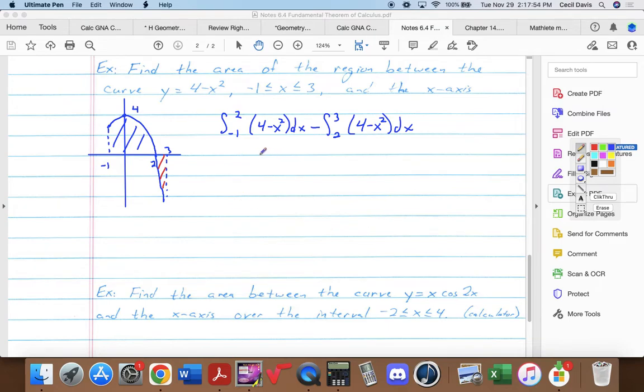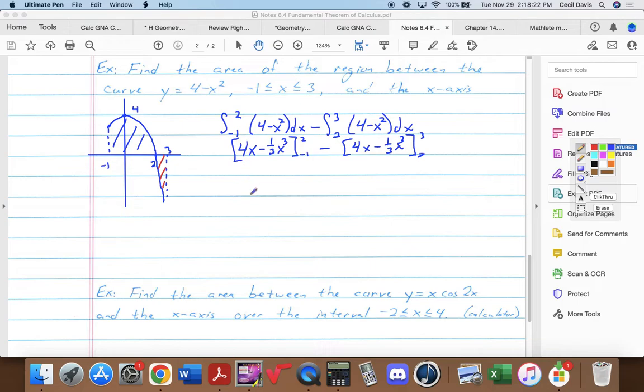So again, we have to think of an antiderivative. An antiderivative for that, the simplest one would be 4x minus 1/3 x cubed. So we'll evaluate that from -1 to 2 minus the same antiderivative, 4x minus 1/3 x cubed, from 2 to 3.